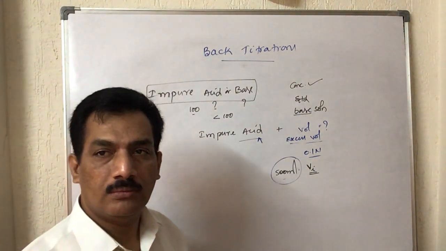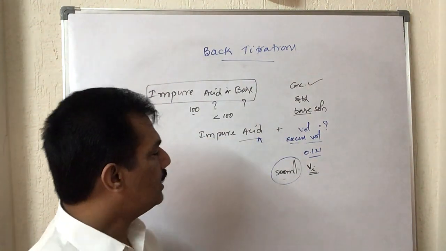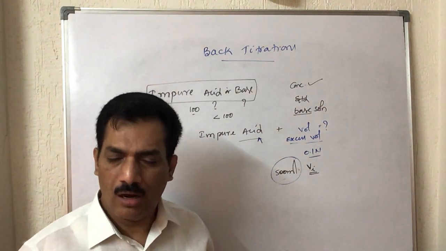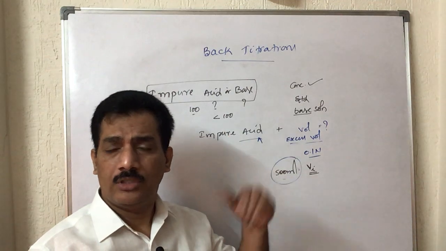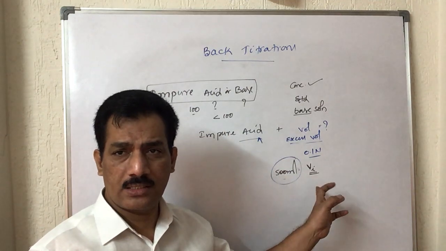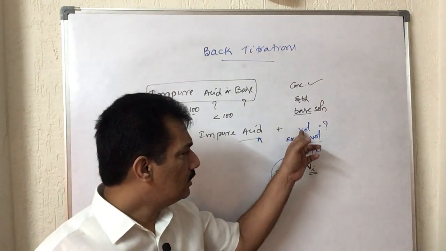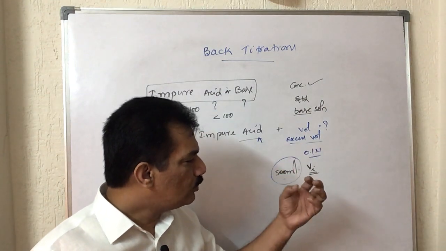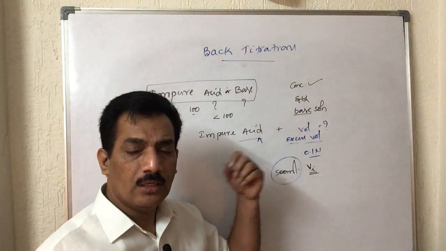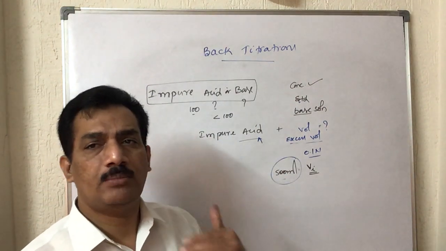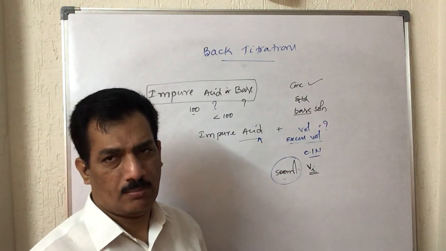We can't observe, we don't know. Say for example 300 or 310 or 350 or 250, whatever quantity is required will be used up from this excess solution. That is, out of this 500, some volume of this base will be used up for the complete neutralization of the acid present in the impure compound.